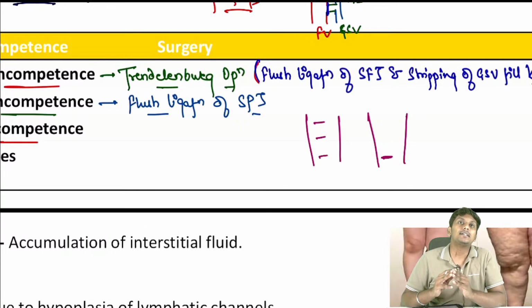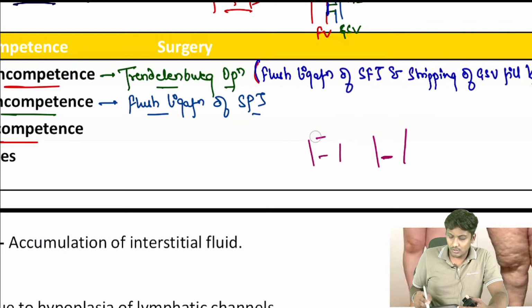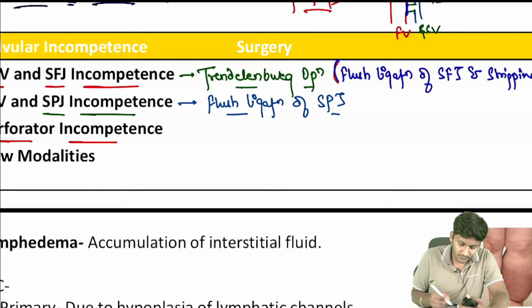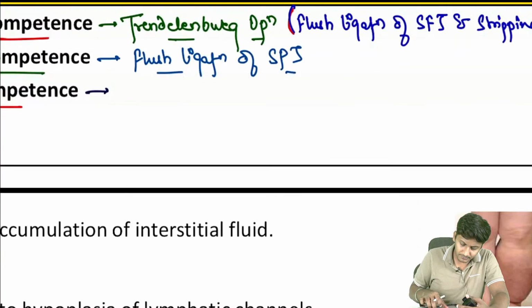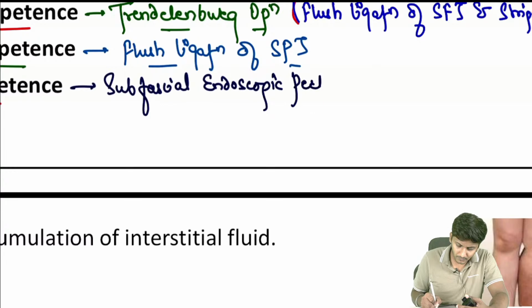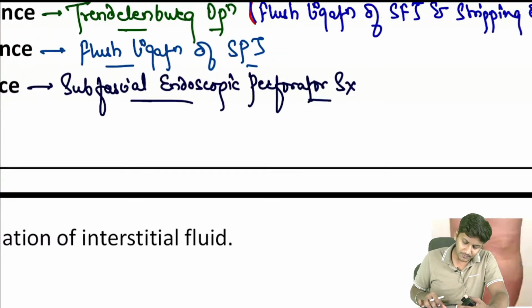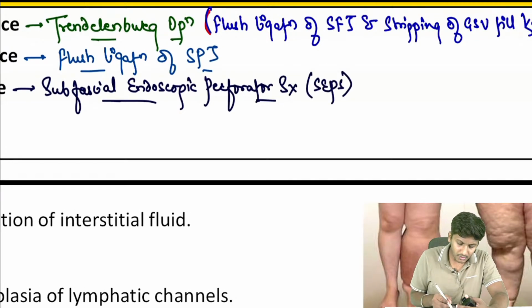This is known as the SEPS, subfacial endoscopic perforator surgery. ठीक है, subfacial endoscopic perforator surgery. तो for perforator incompetence, you have to remember the surgery that is preferred nowadays is nothing but the subfacial endoscopic perforator surgery, also known as SEPS.